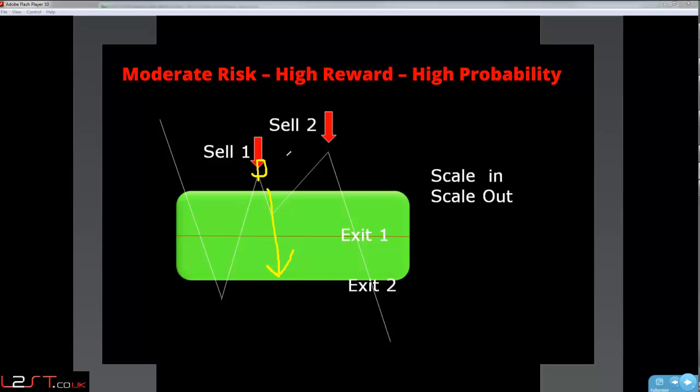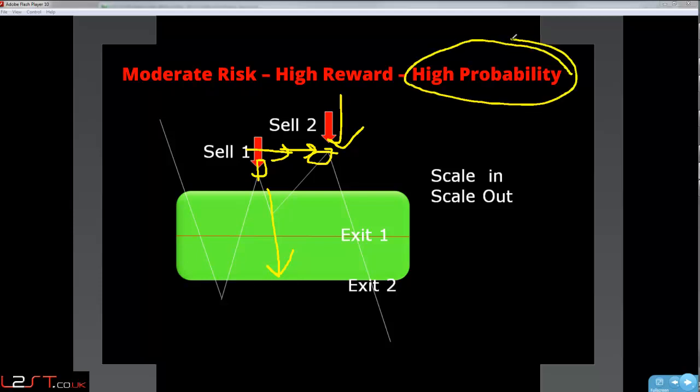Now, in this situation, what you won't do is put a stop up here. What you would do is almost the reverse of what most traders do. Rather than get out and get taken out by the stop run, you actually sell more. And now this becomes very high probability. It increases your probability of the trade working out massively.